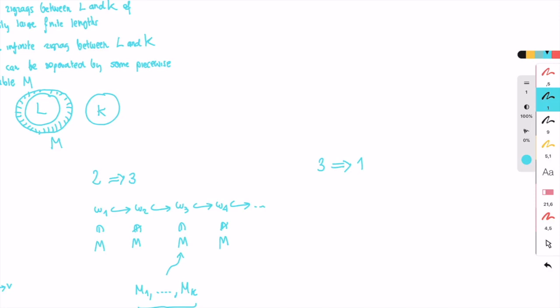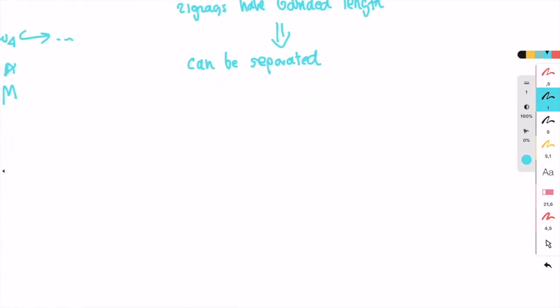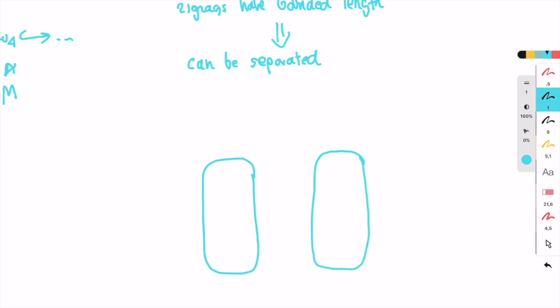And again, here it's going to be easier to prove the contrapositive, which means zigzags have bounded length implies that it can be separated. So why is that? I think here it will be easiest to think of a picture. So this is our language L. This is K.